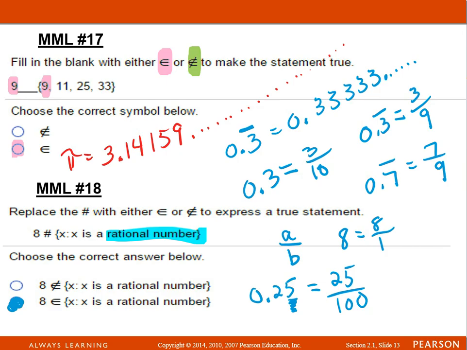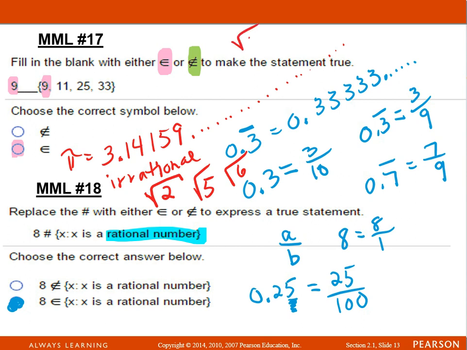He is one of the few irrational numbers out there. Other irrational numbers are like the square root of 2, the square root of 5, the square root of 6. Any square root that is not a perfect square.